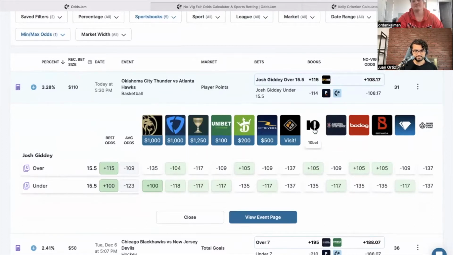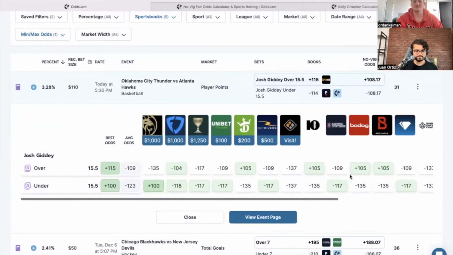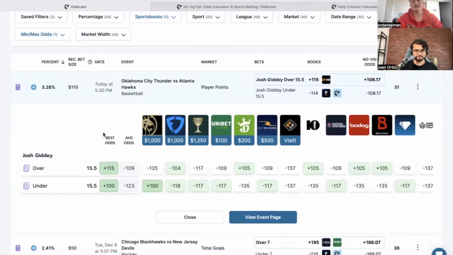You have the usual suspects with all the same odds provider: BetRivers, Barstool, Desert Diamond for me, because that's out in Arizona, Unibet, and also TwinSpires. So right there alone, that's 5 different sportsbooks with the same odds. So it kind of skews the average odds a little bit.